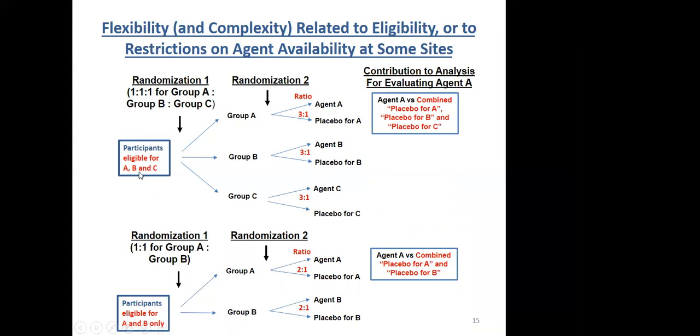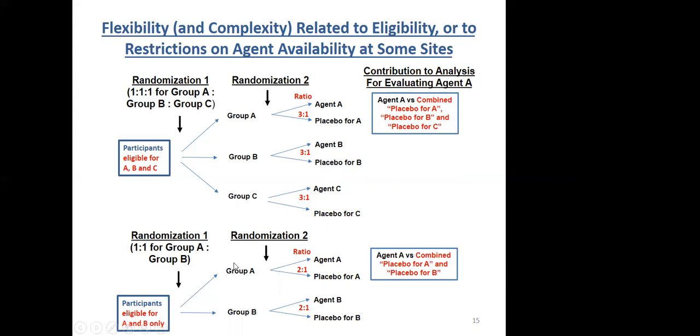We try to standardize almost 100% eligibility criteria, but occasionally a specific agent might require additional specific eligibility requirements. So really, we're talking about randomizing participants that are eligible for all three of these agents.